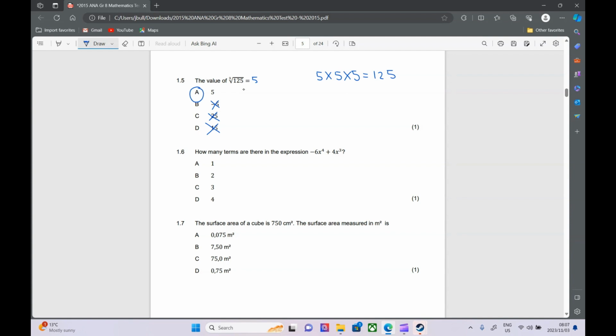Angles in a triangle add up to 180, so let's go 180 take away that angle B, which is 90. We are left with 90 degrees.